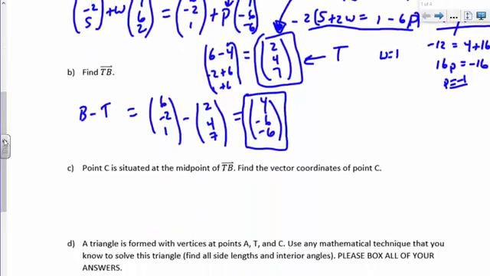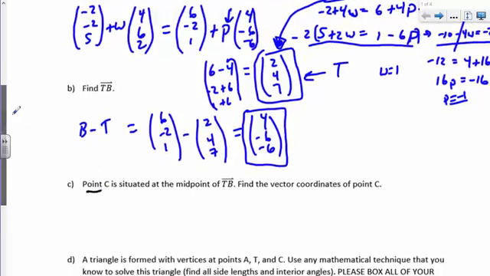Alright, point C is situated at the midpoint of TB. Find the vector coordinates of point C. So that's where point C is, at the midpoint of TB. This is pretty easy. I actually now have to take all the coordinates of B, add them to T, and then divide by 2. That's pretty much what I'm doing, for every single one of them.